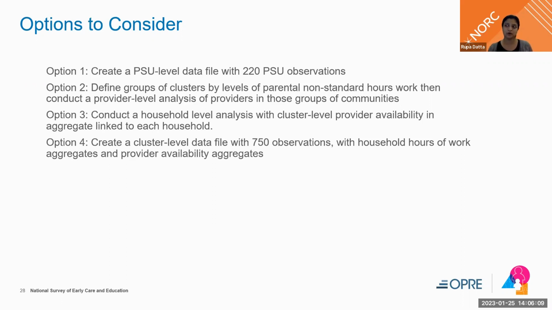And then option 4 is kind of like option 1 in that we're collapsing both the household and the provider side, but we're doing it at the cluster level rather than the PSU level. So these are 4 different options.